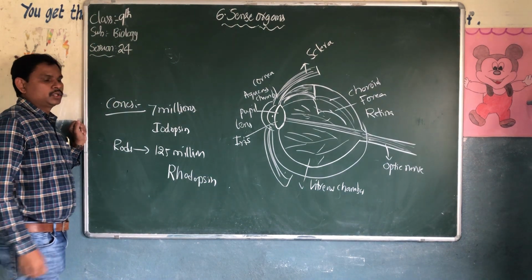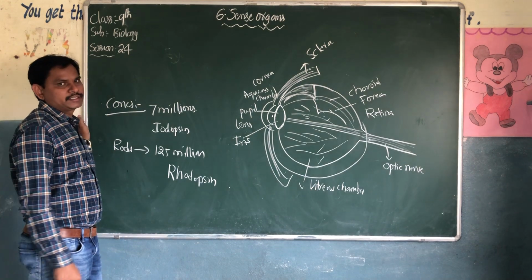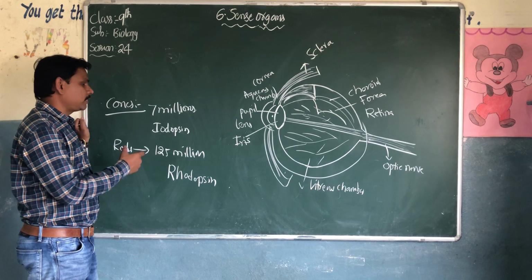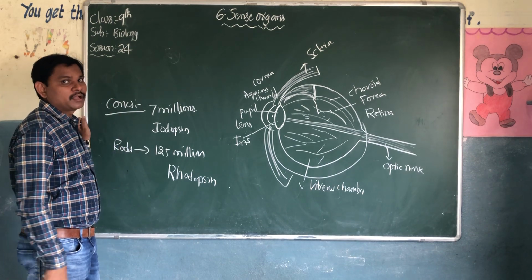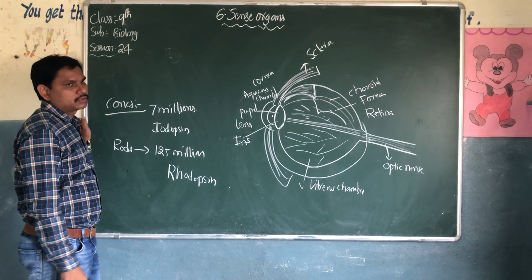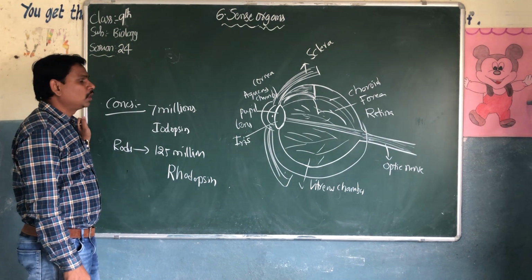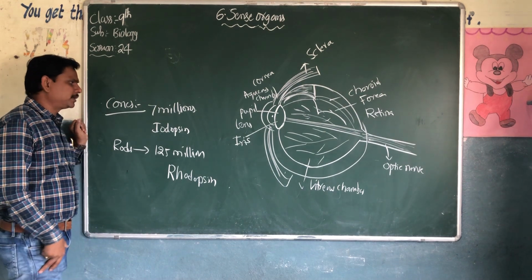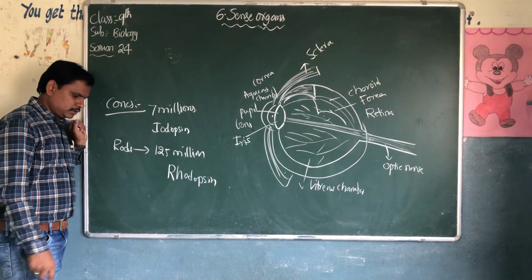They detect low intensity of light. Even in the dark we can see because of the rods present in our eyes. In bright light, the cones detect the light, and low intensity light is detected by the rods. These are the cones and rods.